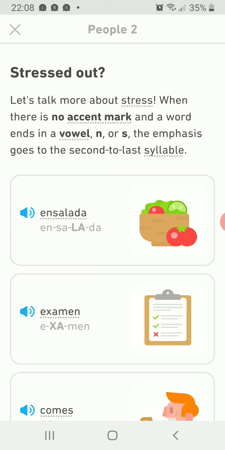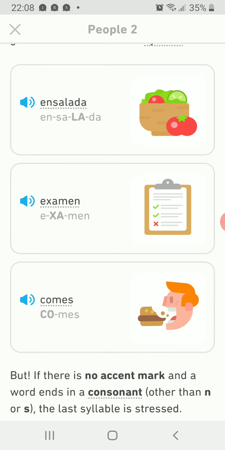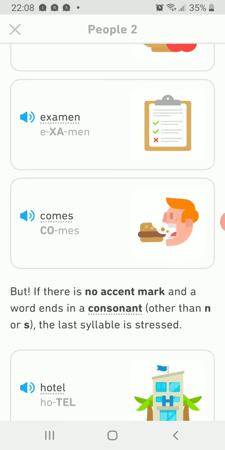Stress out. Let's talk more about stress. When there is no accent mark and a word ends in a vowel, N or S, the emphasis goes to the second to last syllable. So this is what we just saw in travel too. Ensalada is a salad, and examen is an exam, and comes is you eat.